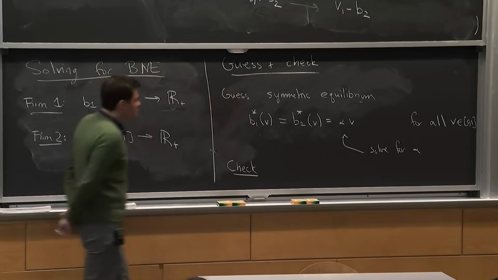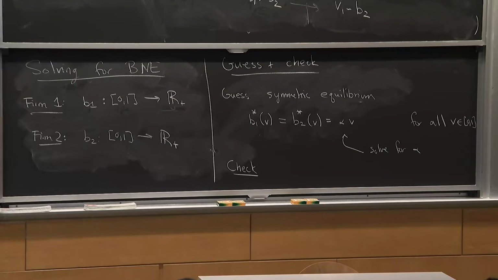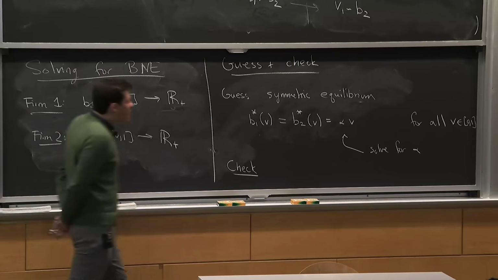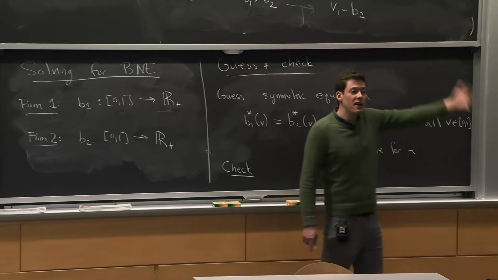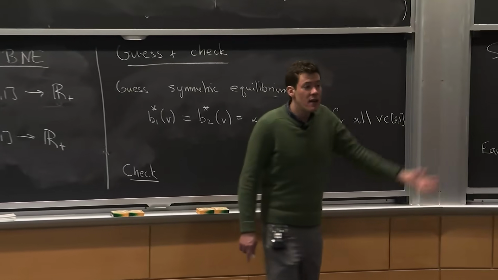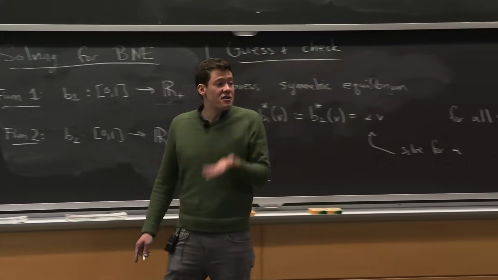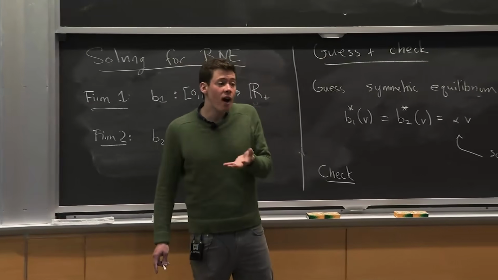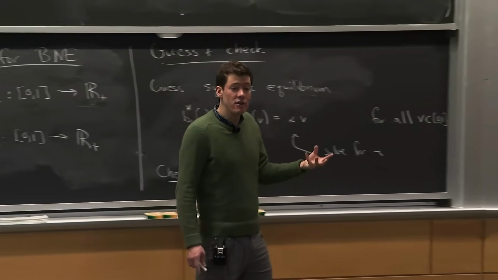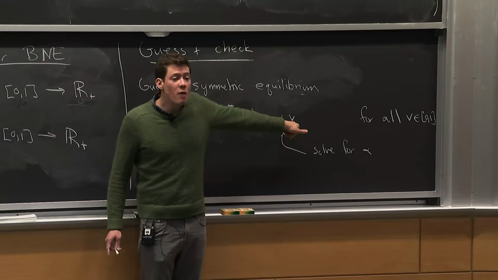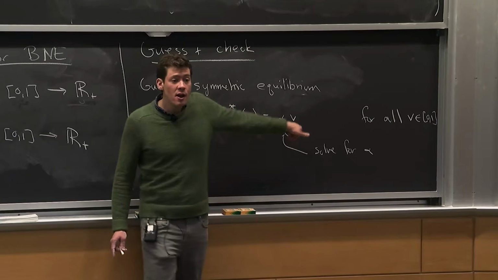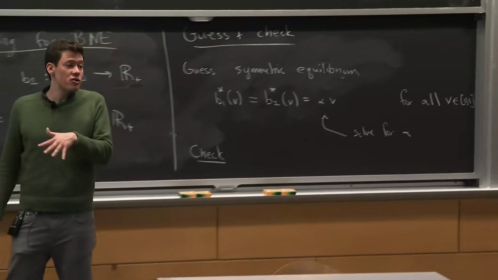Now the checking is the tricky part, and there's a really important point here. It's not enough to say, suppose my opponent is using a linear bidding strategy alpha V, then the best linear bidding strategy for me is also alpha V. That's not enough because I could deviate to a nonlinear strategy. So we're looking for an equilibrium where both firms use linear strategies, but the firms could deviate to nonlinear strategies as well.